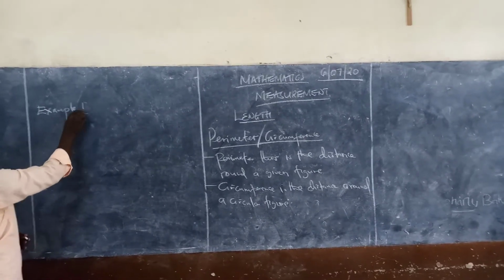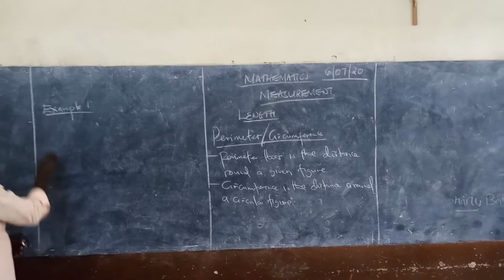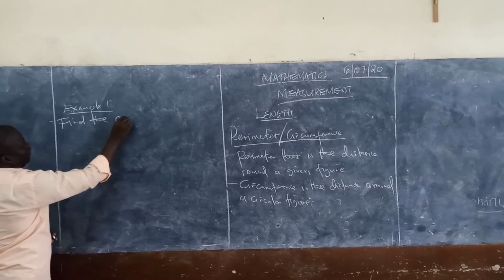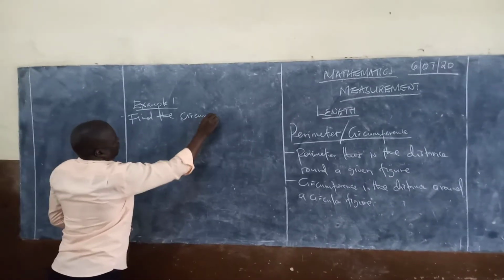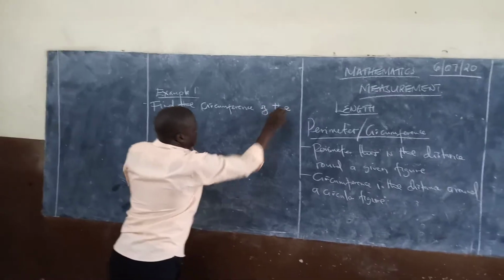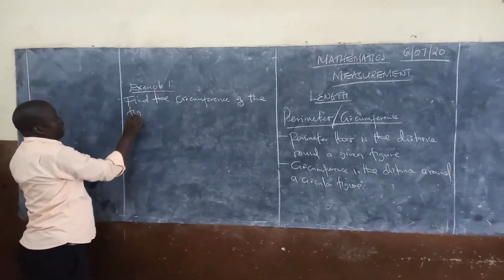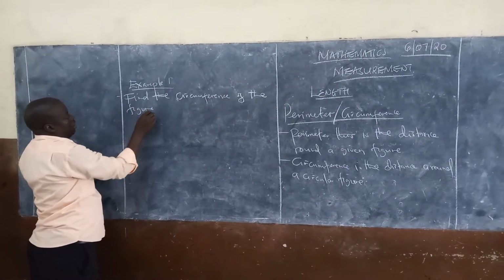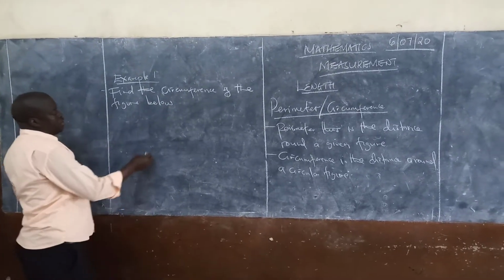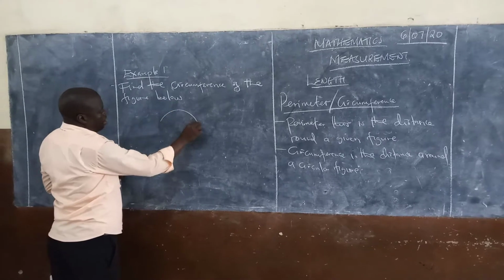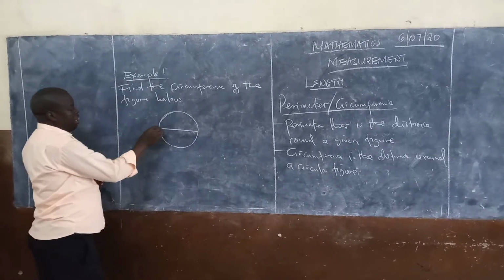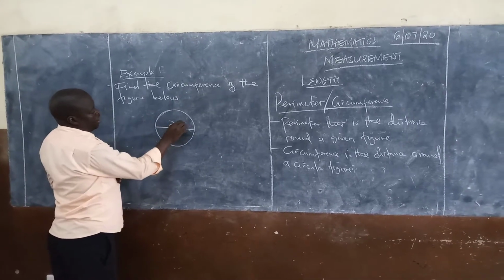Example 1: find the circumference of the figure below. The figure we are referring to is a simple circle.